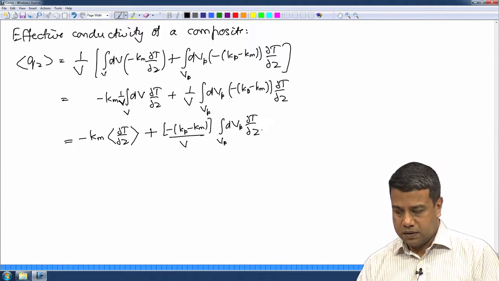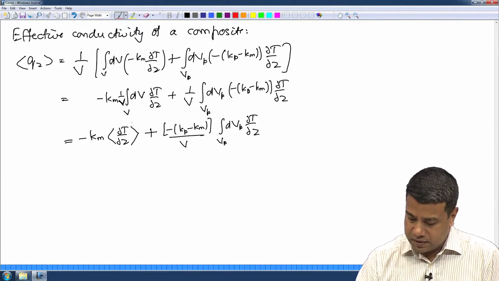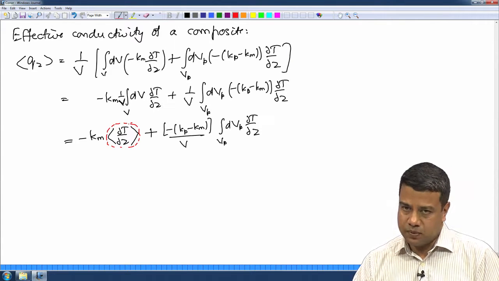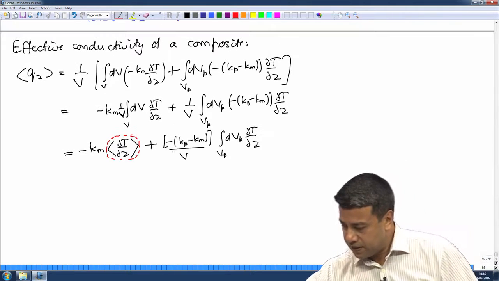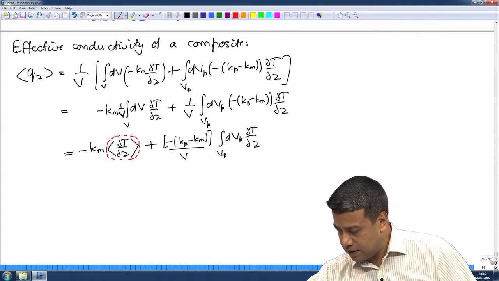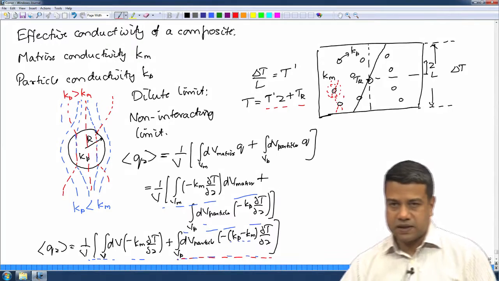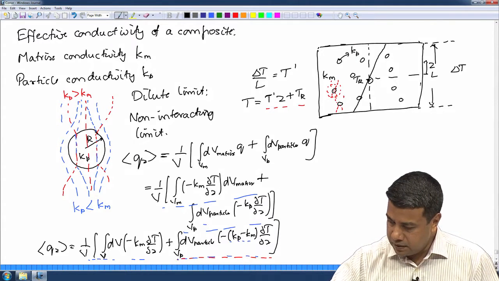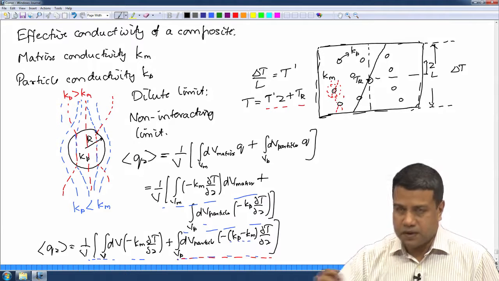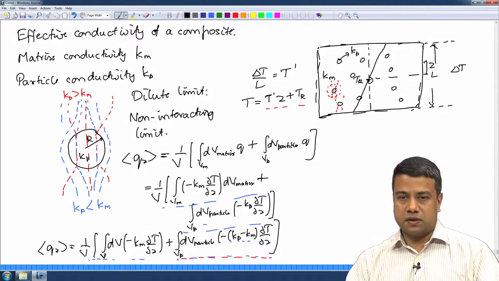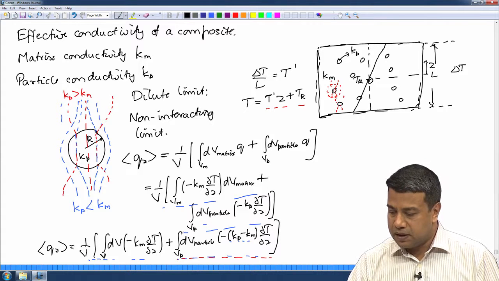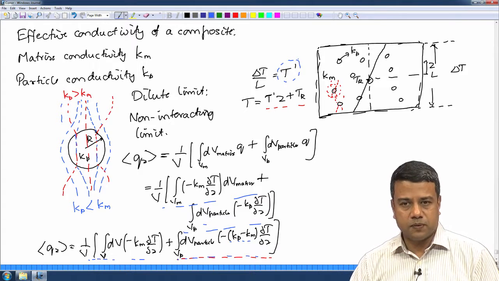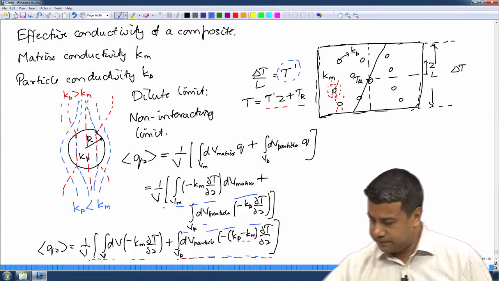Now, this first term, the average temperature gradient over the entire volume, has to be equal to the temperature gradient that is actually imposed on the composite material. And that imposed temperature gradient is T prime.